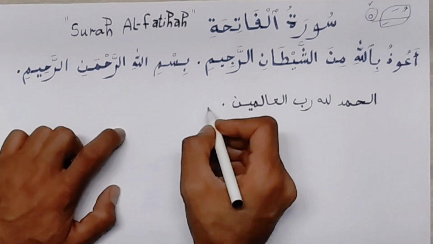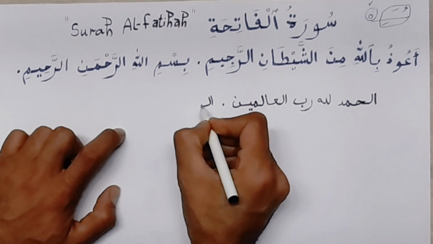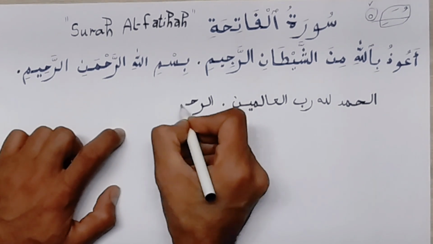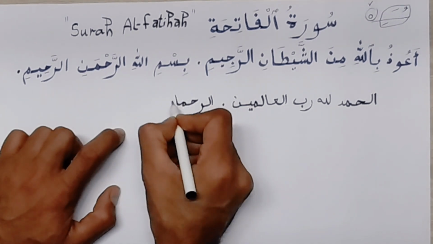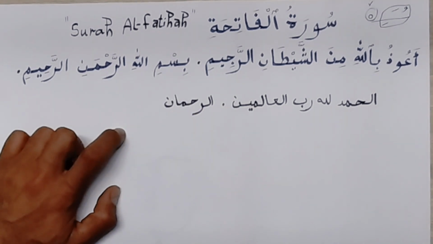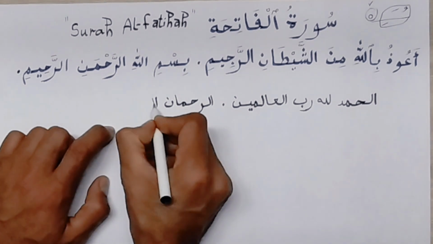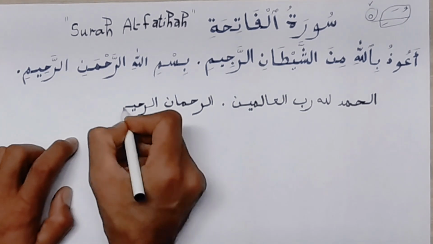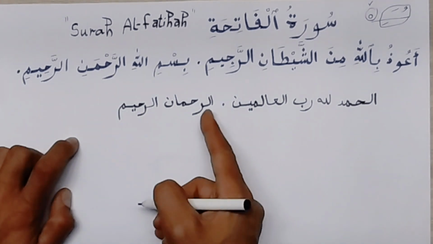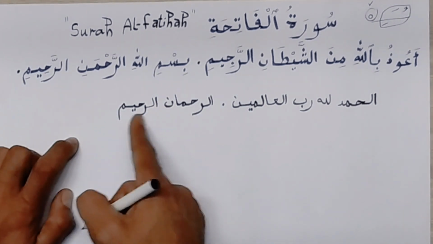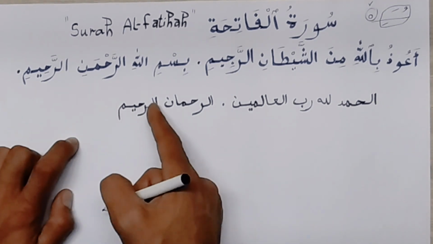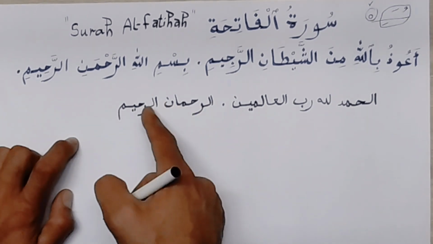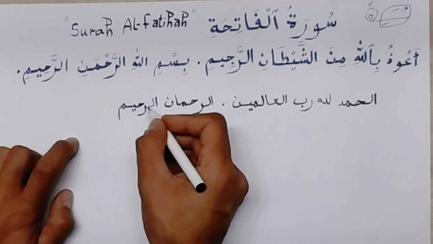Second verse, Al-Rahmani. Al-Rahim. Rahmani, Rahim. We don't say Rahmani, Rahim. For lam, we don't pronounce it.